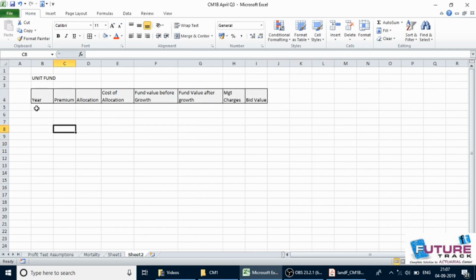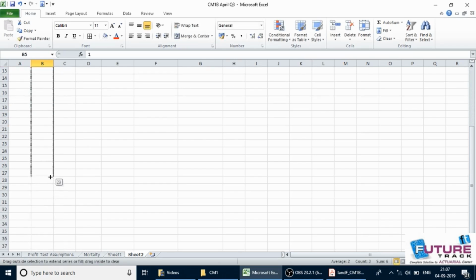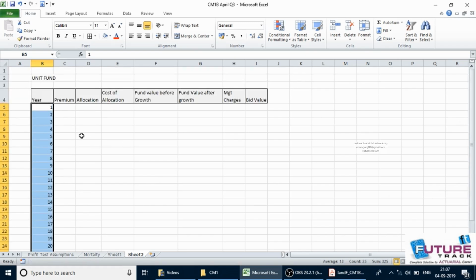So class, we have a 25-year policy. Let's make it 1, 2, 3 till 25. Fine. So we have to do it for 25 years.